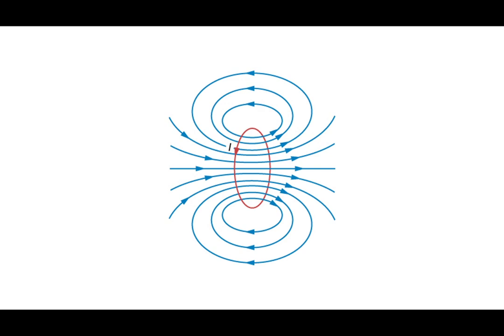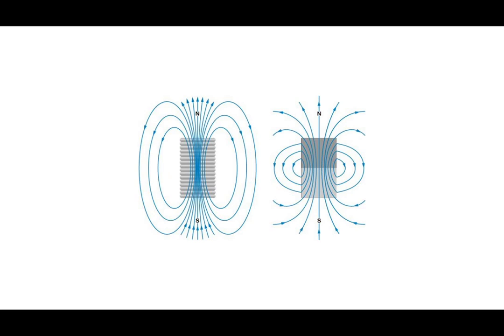So if we draw a Gaussian surface like this, you'll see that we have 3 lines coming in and 3 lines going out. If we do it here, there are 2 lines coming in and 2 lines going out. For other distributions, like a solenoid, if we take, say, right here, you have a whole bunch of lines going in, but you have an equal number of lines going out. Same thing here, in and out.